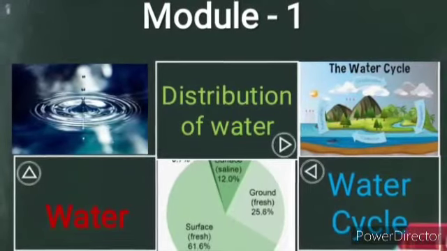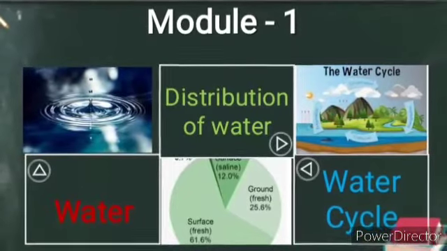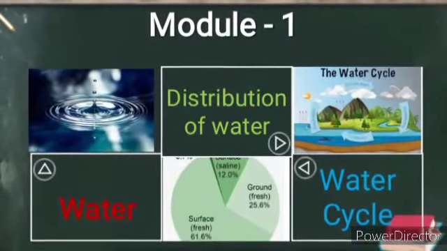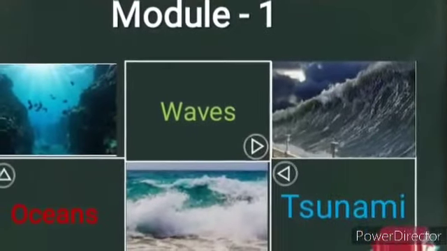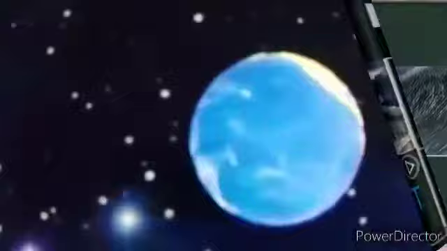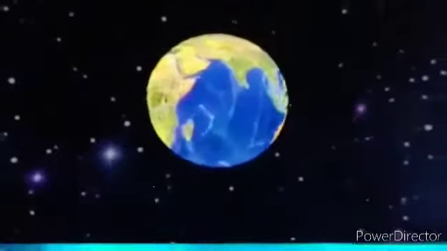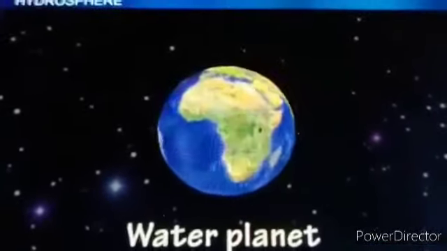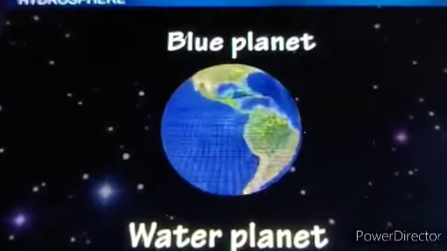Students, in this module we will discuss water, distribution of water, water cycle, oceans, waves and tsunami. Major part of the earth is covered with water, and this is the reason why Earth is known as blue planet or water planet.